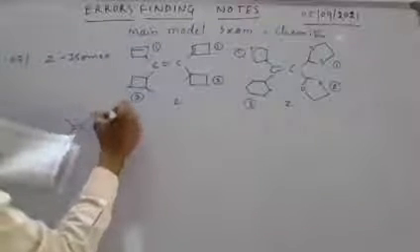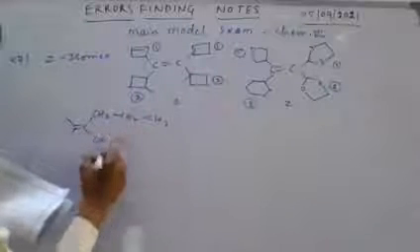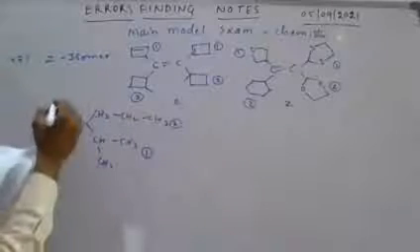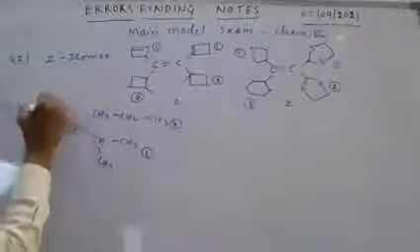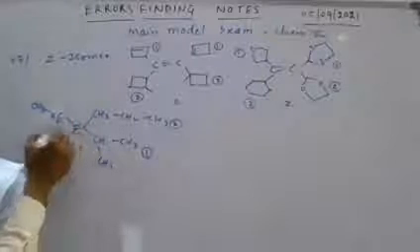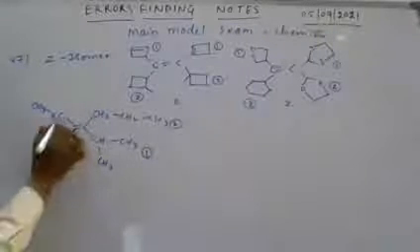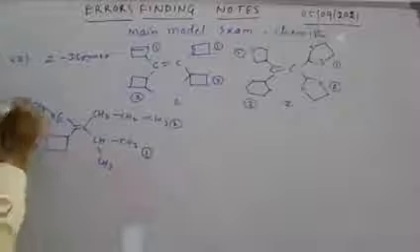Next, the third compound: CH2CH2CH3 and CH3CH3. This is propyl, this is isopropyl. So isopropyl is first priority because the first carbon has two carbons and one hydrogen. Here the first carbon is attached to two hydrogens and one carbon, so this is second priority. Here this side is an ethyl group, and here a cyclobutyl group. Here first carbon with two hydrogens, here first carbon with two carbons. So first priority, second priority, again Z isomer.